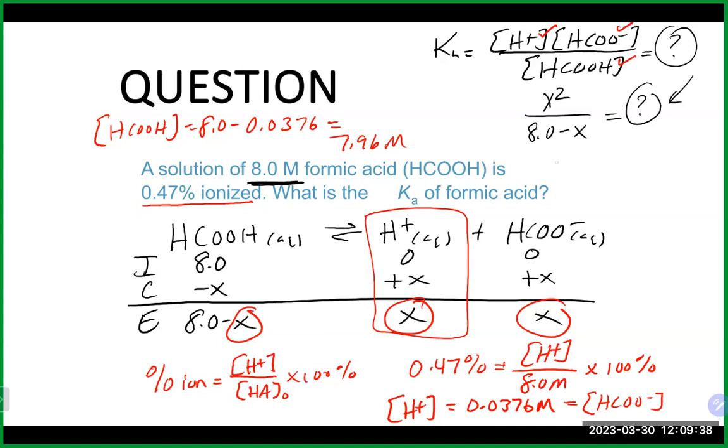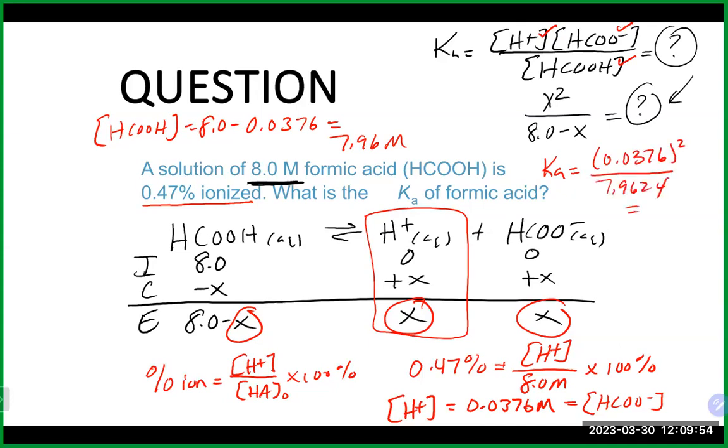If we do that, our Ka would equal basically 0.0376 squared divided by 7.9624.